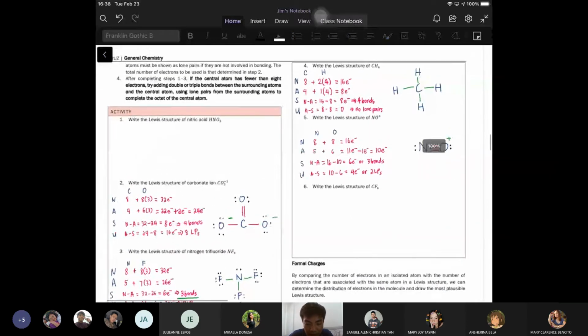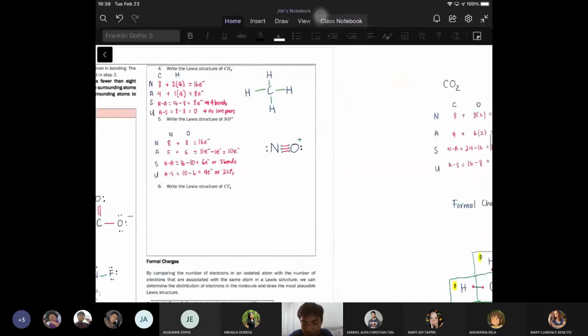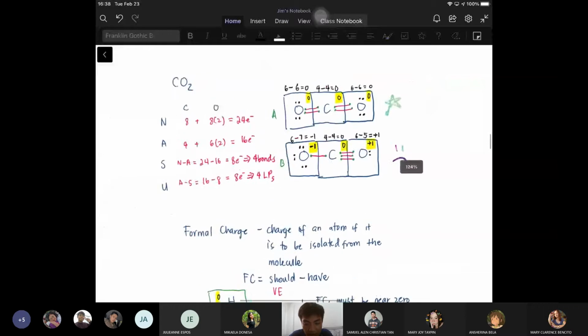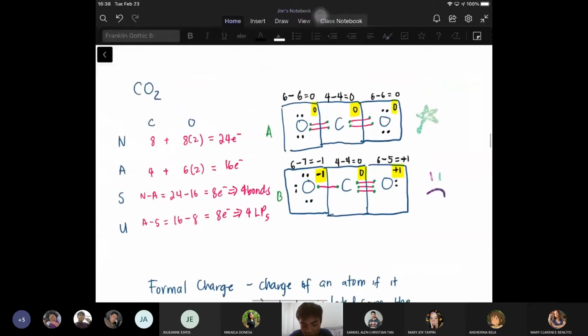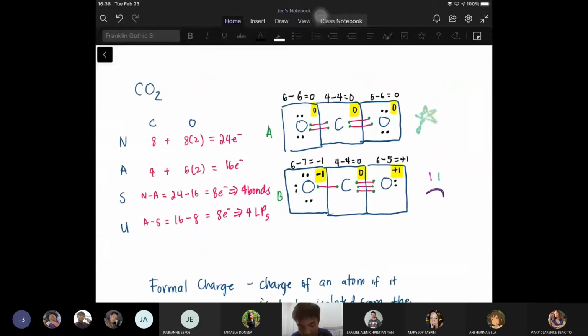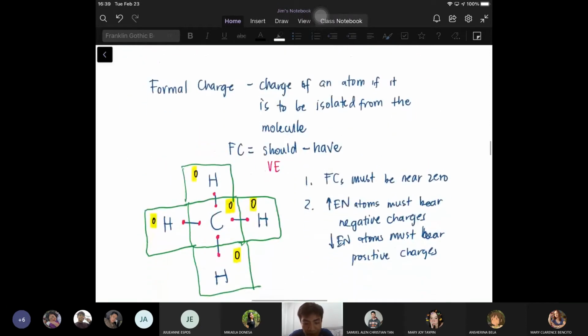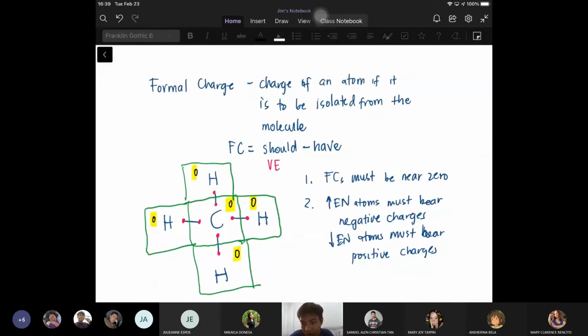Okay? So, yan. And then, suppose meron tayong combination, or I mean, possible combinations ng drawing. Ano ginagawa natin? Kunwari, I have multiple versions of my molecule that fits sa NASU rule. Ano gagawin natin? We determine the formal charge. So the formal charge is the charge of an atom if it is to be isolated from the molecule.